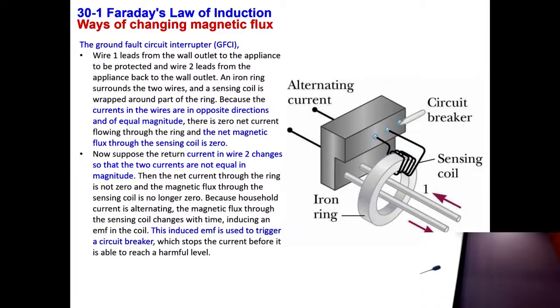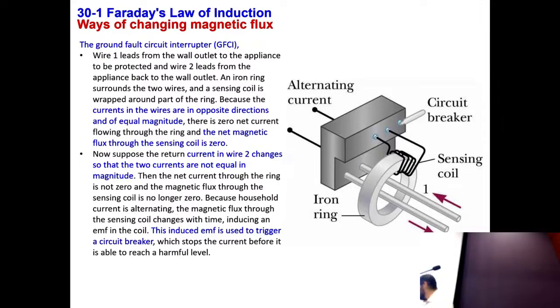So originally, if the current in and out are equal, there is no induced magnetic field here, because one induces a magnetic field in one direction and the other one in the opposite direction. So they will oppose each other, and you don't have an induced magnetic field in this coil.